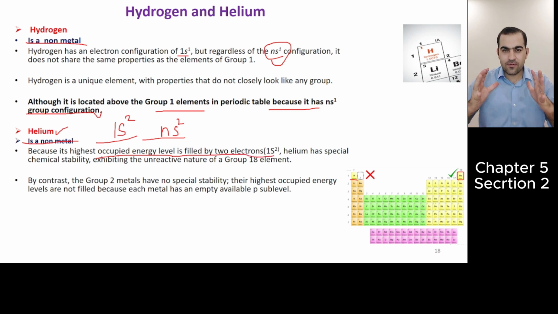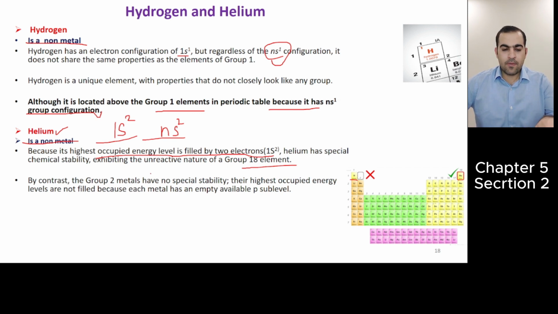Its last shell is filled. When its last shell is filled, it gives helium special stability, exhibiting the unreactive nature of group 18, because its properties are like group 18. It's stable like group 18. That's why we have not placed it in group 2.